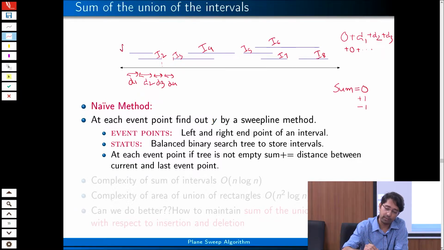So at this point what is the value of the sum? Here, here, here, here.